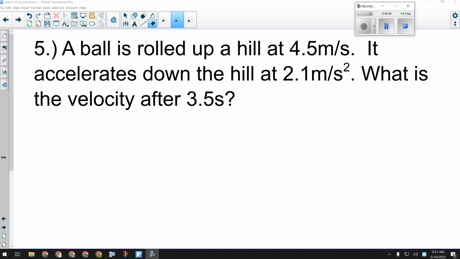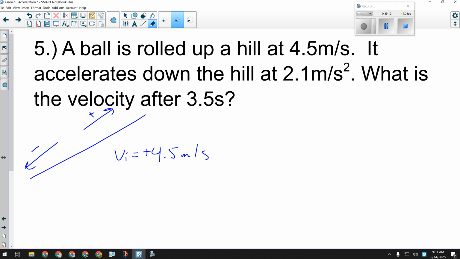If I can see from the context of the question that there might be or is a change in direction, I draw the hill and I go negative, positive. I assign it right away, I make it clear to myself, okay? So I know when I'm writing down my givens, rolled up a hill, so VI is positive 4.5 meters per second.